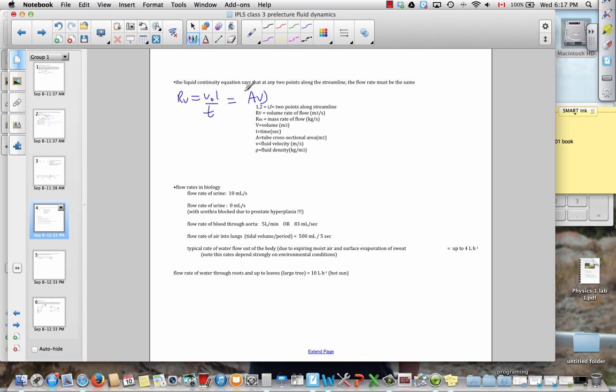So if we call the 2 points 1 and 2, the product of cross-sectional area and speed, which is the volume rate of flow, must be the same at those 2 points. That is the principle of continuity.